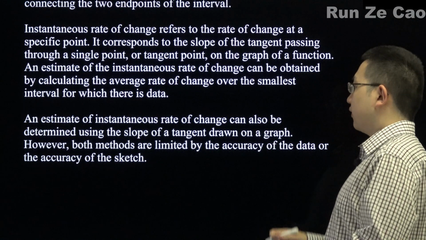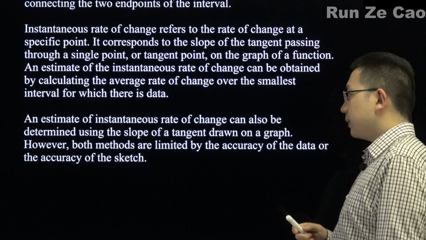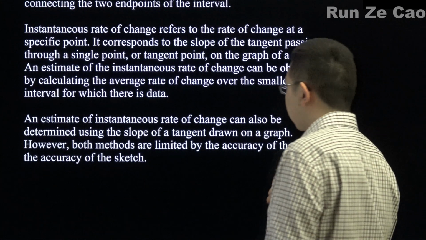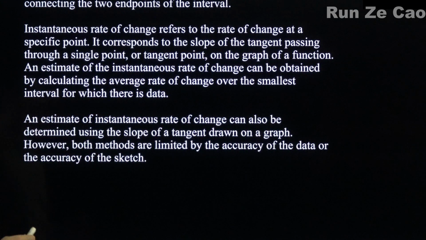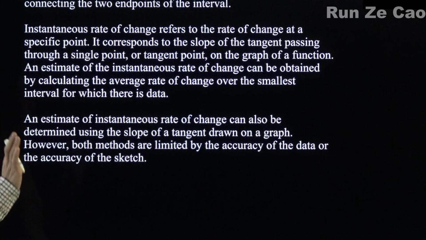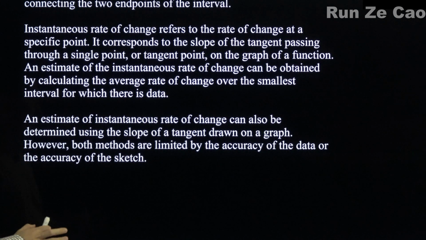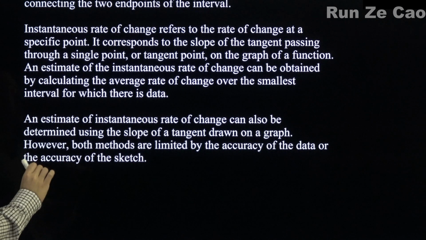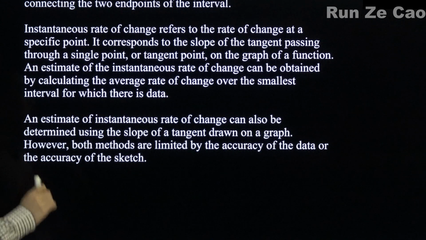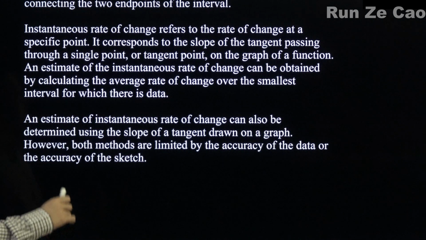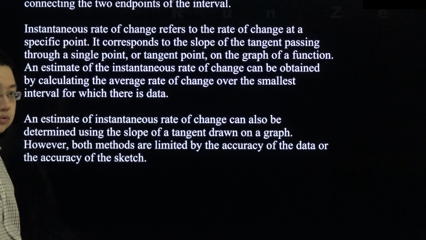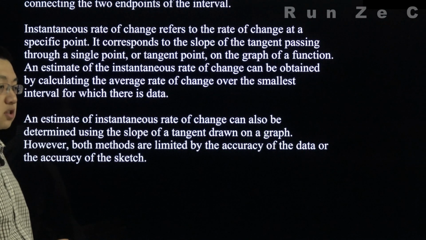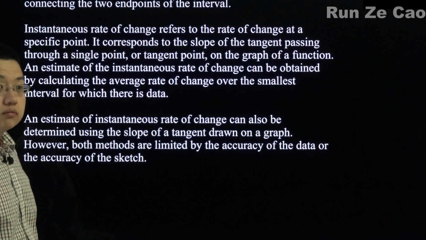Now, an estimate of the instantaneous rate of change can also be determined by using the slope of a tangent drawn on a graph. Graphical solutions are generally less elegant than doing the math. But before we learn the specifics of derivatives and how to get derivations, it's all we have.